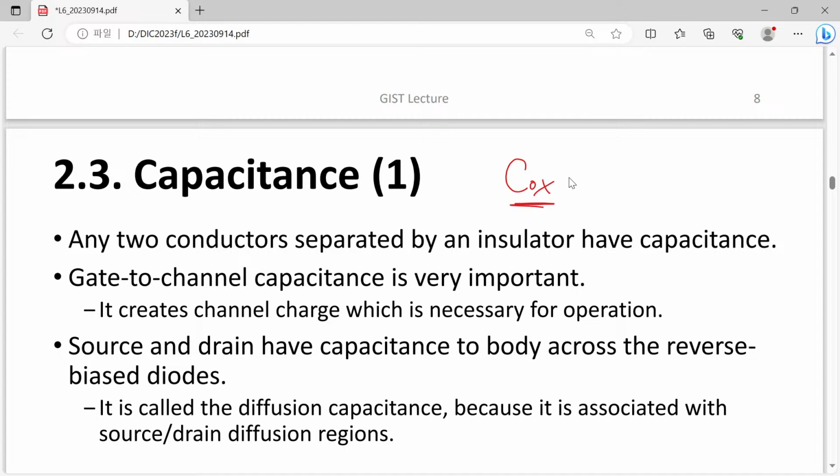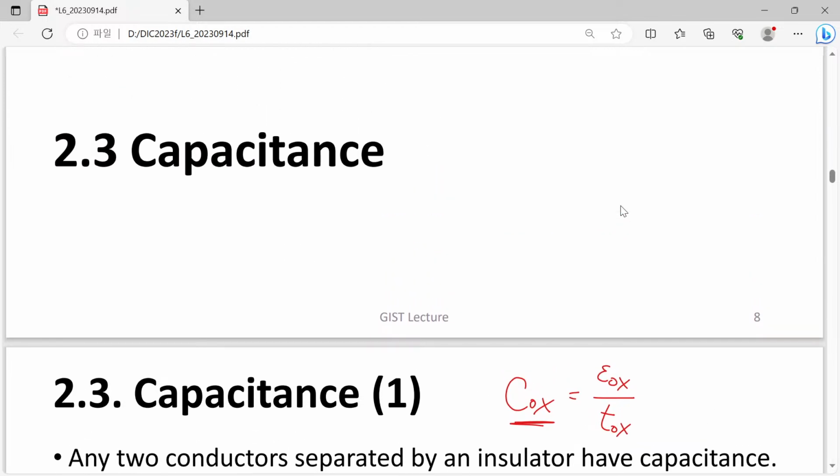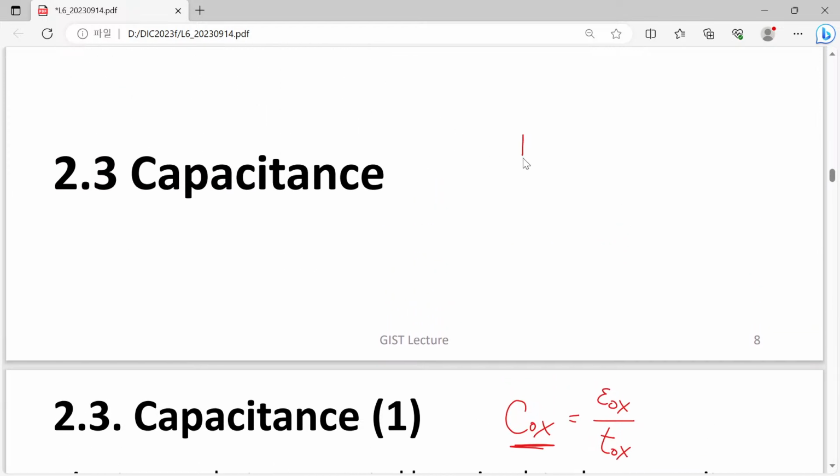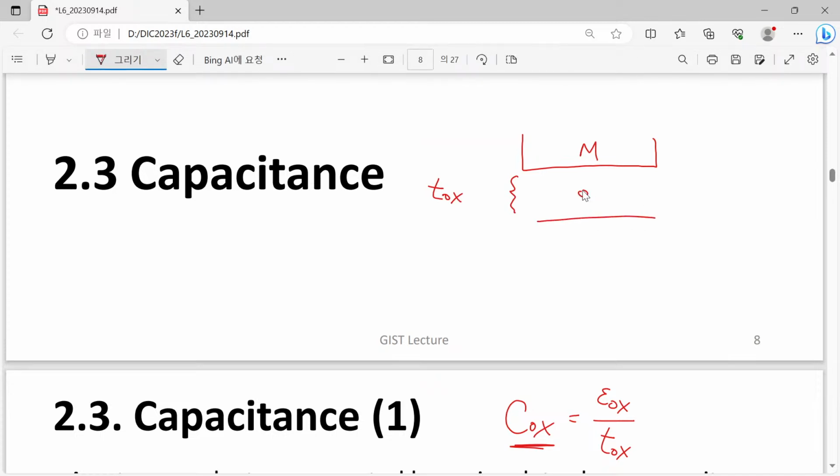That was Cox, given by the oxide permittivity divided by the oxide thickness. Why do we have this? It is because we have a metal, a thin oxide layer of thickness T, and silicon. So that's the reason why we have a COX.